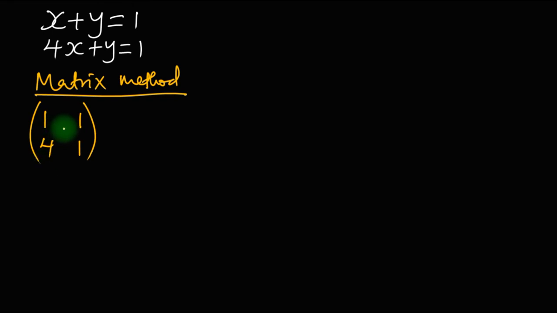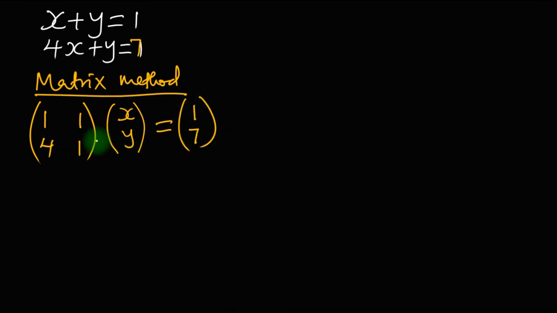We write them in matrix form with the first row, second row, first column, second column, and then we multiply by x, y. Those variables will be equal to, on the right hand side, 1, 7.